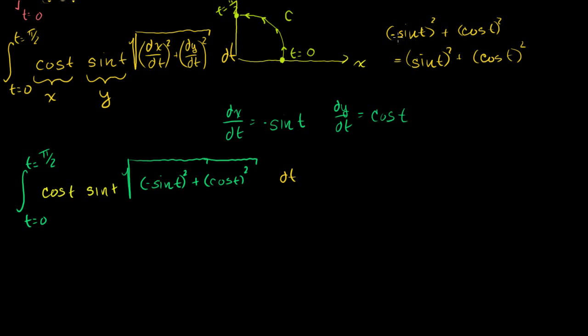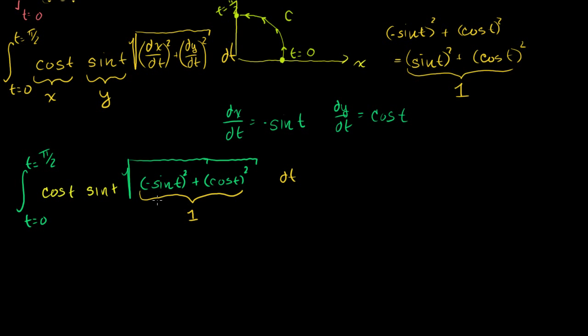You lose the sign information when you square something. It just becomes a positive. So these two things are equivalent. And this is the most basic trig identity. This comes straight out of the unit circle definition. Sine squared plus cosine squared is just equal to 1. So all this stuff under the radical sign is just equal to 1. And we're taking the square root of 1, which is just 1.